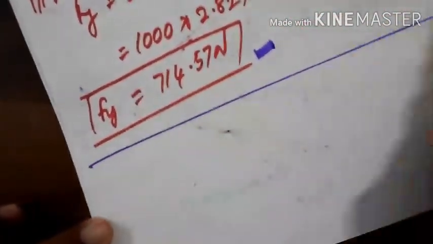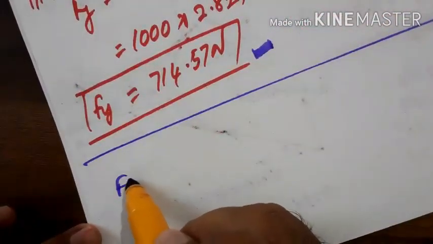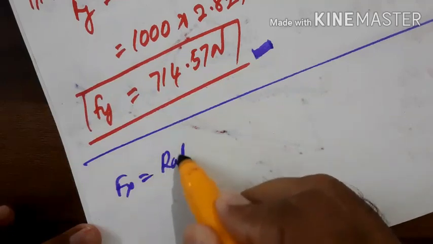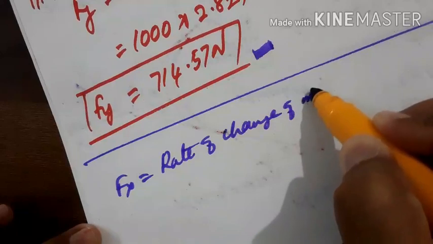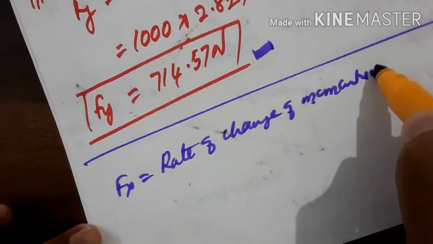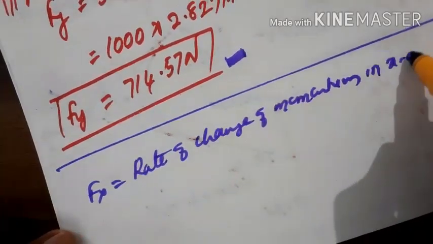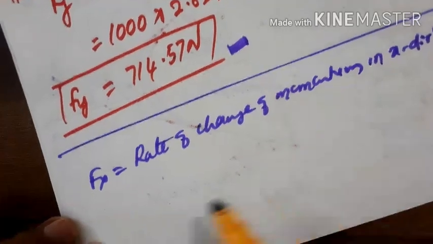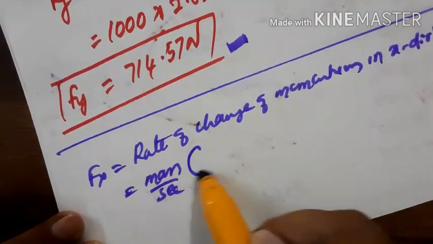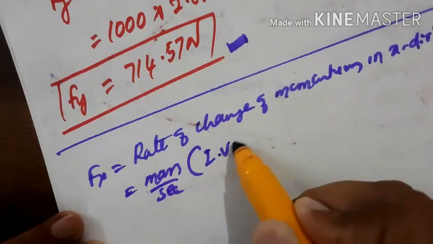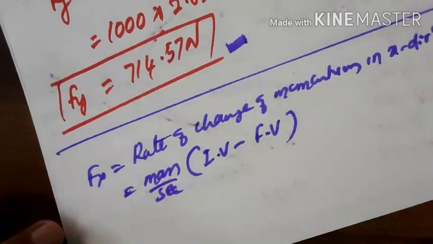That impulse momentum equation you can directly apply like this. Fx will be the rate of change of momentum in x direction. So that you can apply, that is mass per second into initial velocity minus final velocity.